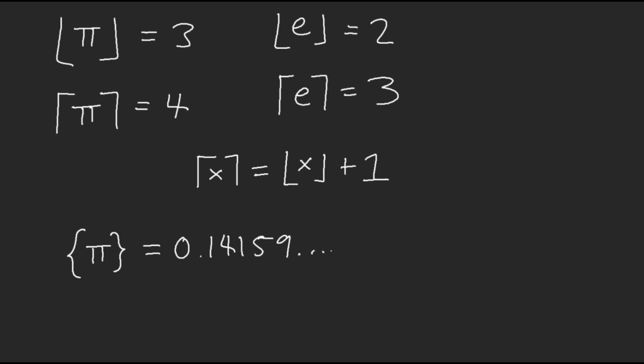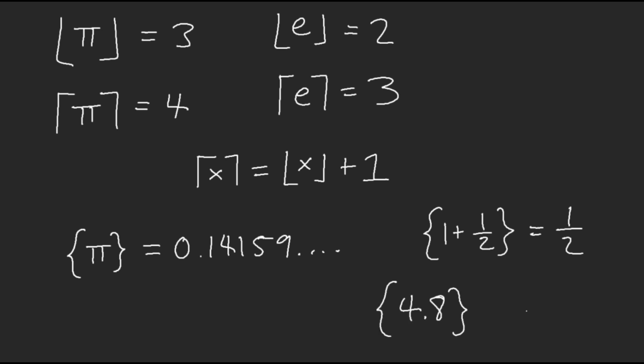If I take a number like 1/2, the fractional part of 1/2 is 1/2, because that's the fractional part of 1 plus 1/2. If I had 4.8, the fractional part of 4.8 is literally 0.8.